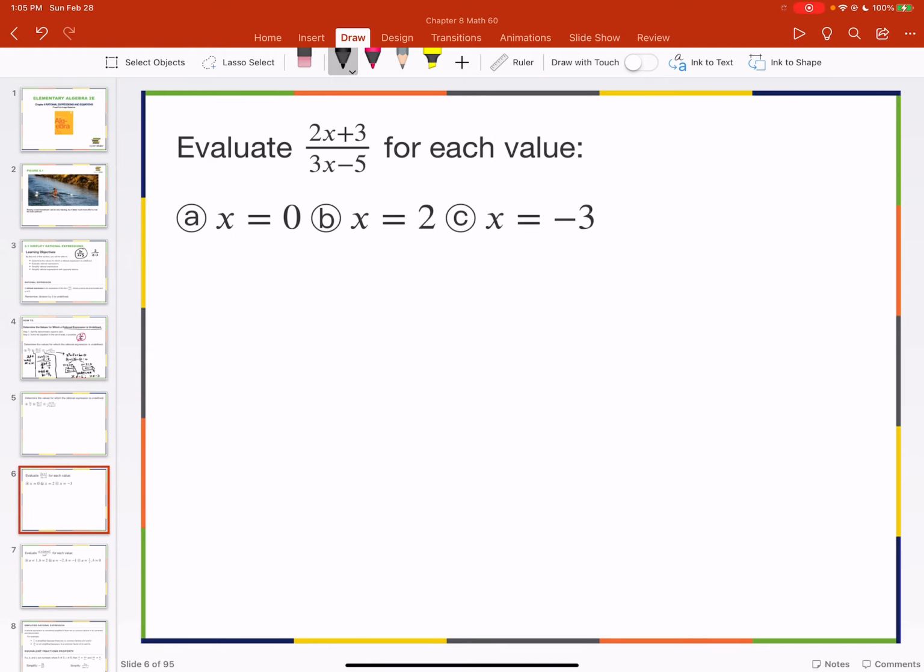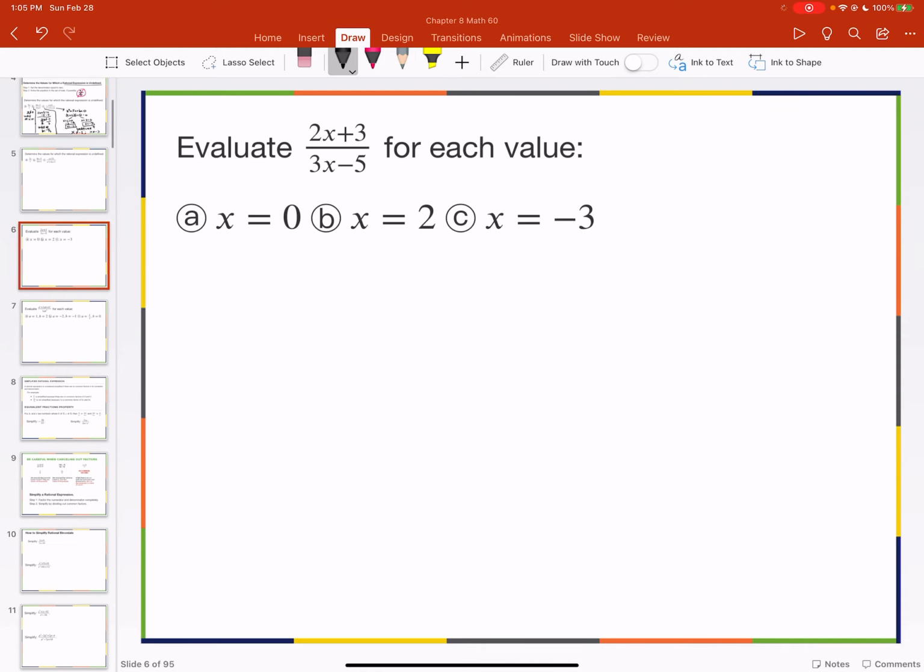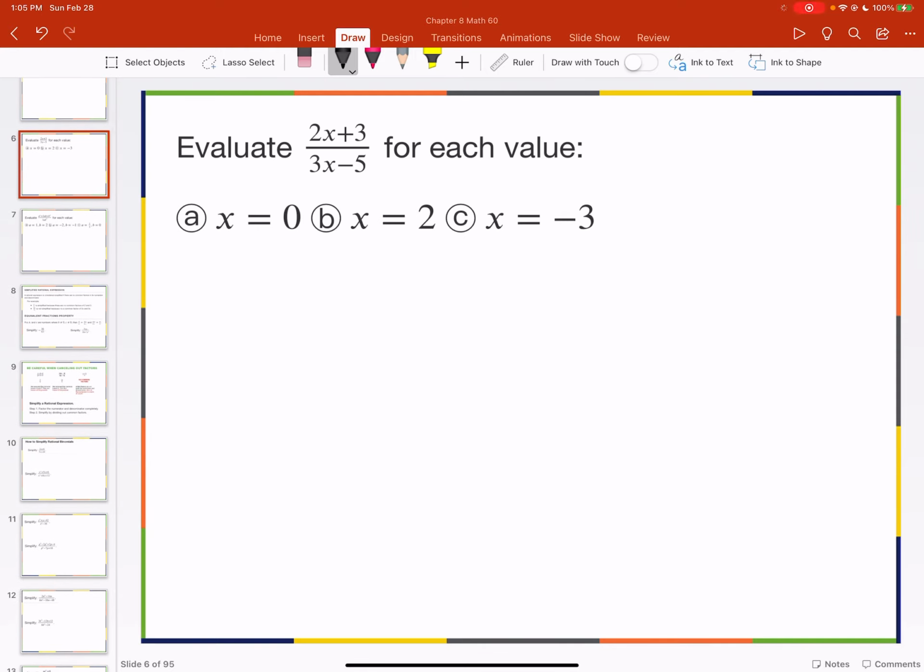Then you need to be able to evaluate rational expressions at certain values. If you have a problem like this where you evaluate 2x plus 3 over 3x minus 5 for each value, you just plug it in and simplify. So 2 times 0 plus 3 over 3 times 0 minus 5. Your answer would just be 3 over -5, or -3/5.